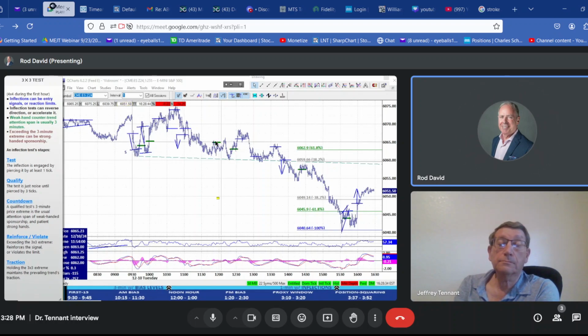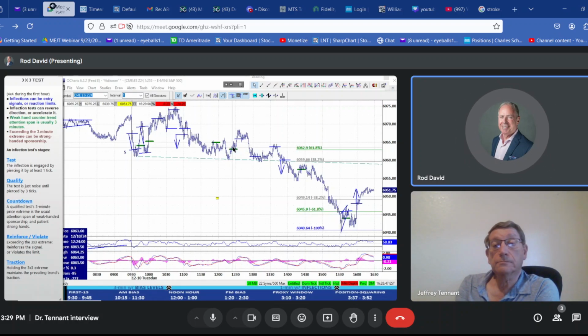And whenever price crosses at least 3 ticks, we start a 3-minute countdown. And that 3-minute countdown identifies an extreme that we don't know until the end of those 3 minutes, or even later: is that going to attract reinforcements beyond those 3 minutes, whatever that 3-minute extreme was? Or is it the usual attention span of weak-handed counter-trend sponsorship?